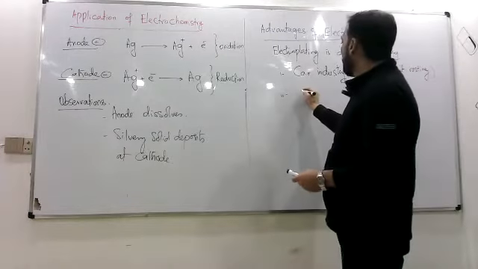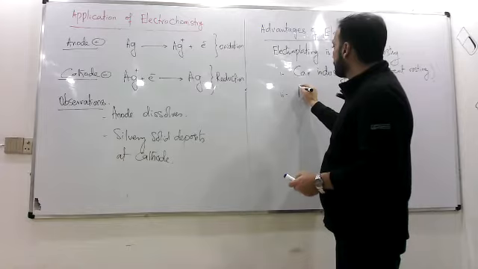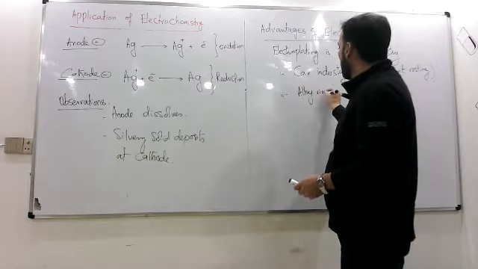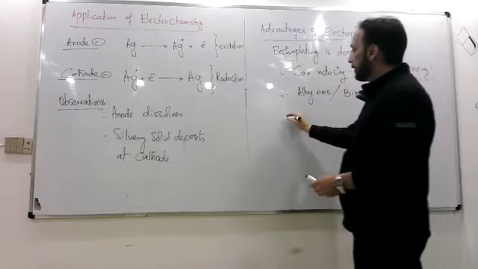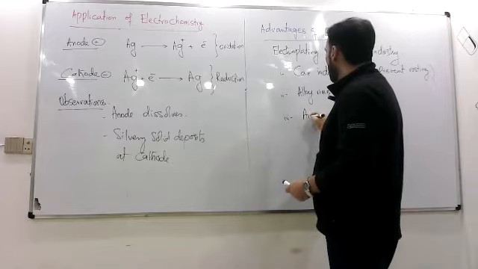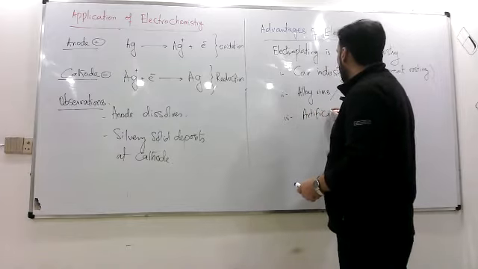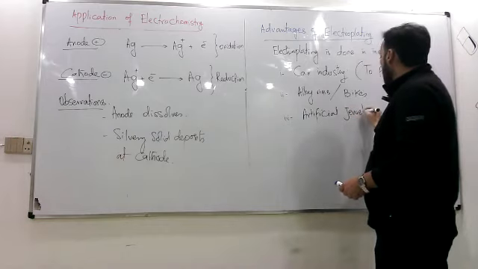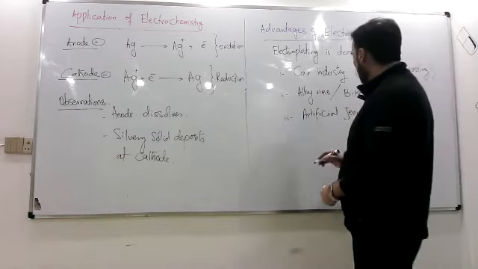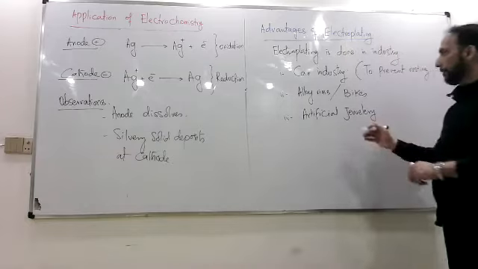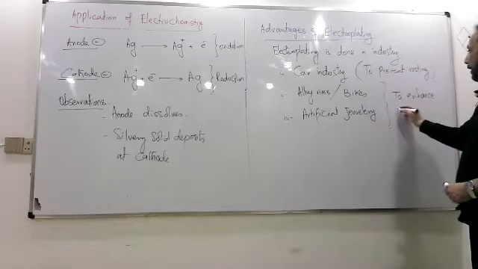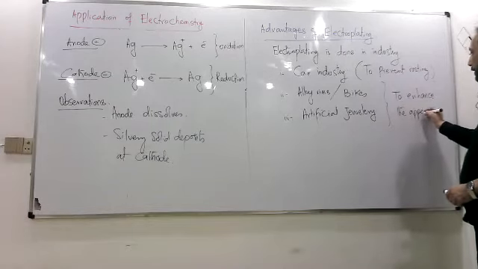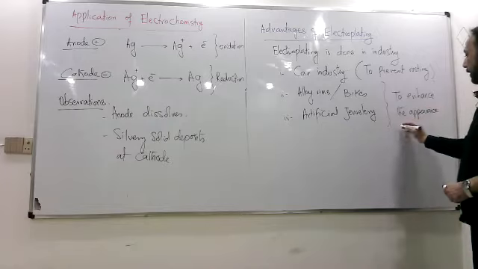And in alloy rims and bikes, and along with this artificial jewelry and silver spoon and everything, that is to enhance the appearance and life of this object.